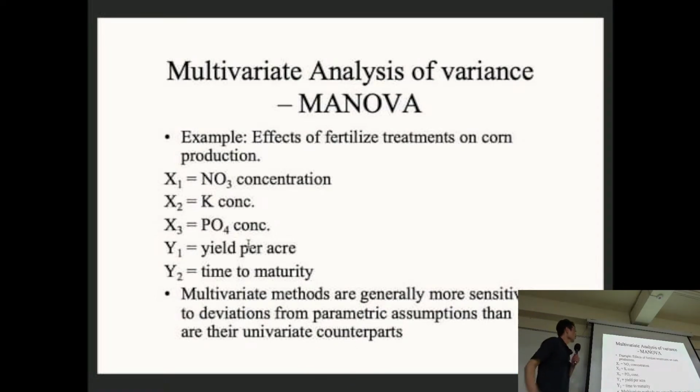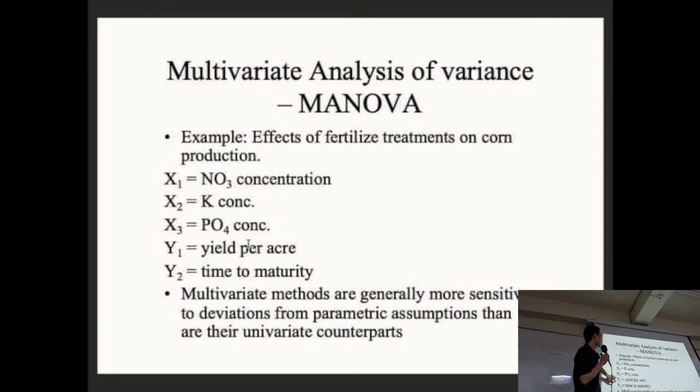All right. We talked about ANOVA, chi-square, regression, and then I talk a little bit on MANOVA. MANOVA is a multivariate analysis of variance. For the ANOVA, we have only one dependent variable, but for MANOVA, we have more than one dependent variable.